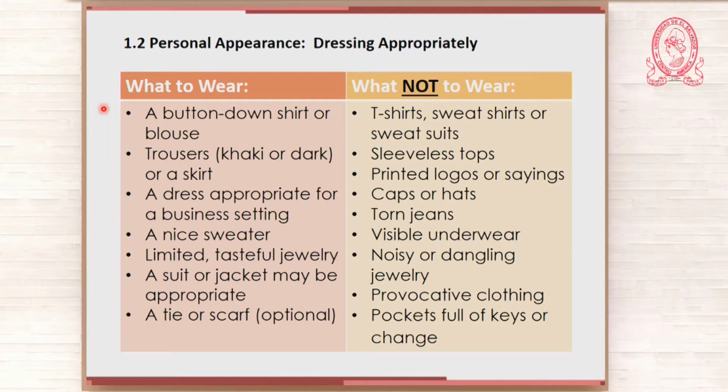What to wear, we have trousers, could be khaki or dark, or a skirt, and what not to wear, probably sleeveless tops, or printed logos or sayings, etc. So you will have this material in your core on the platform.